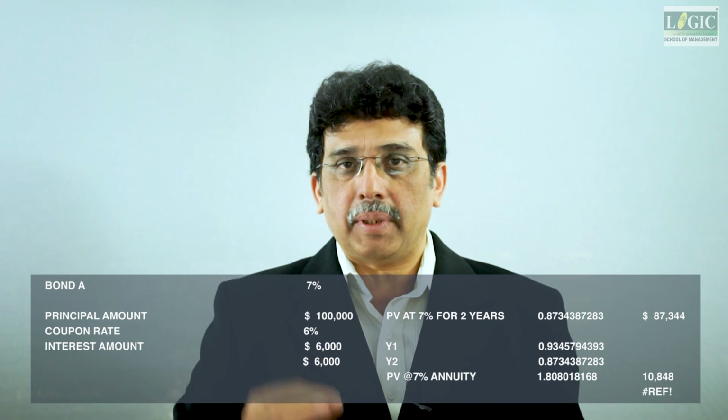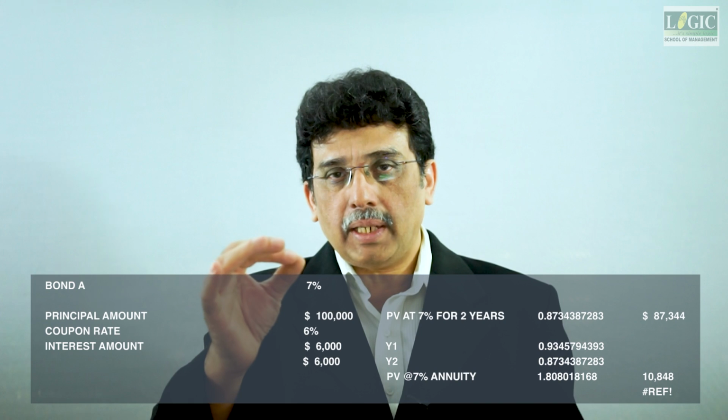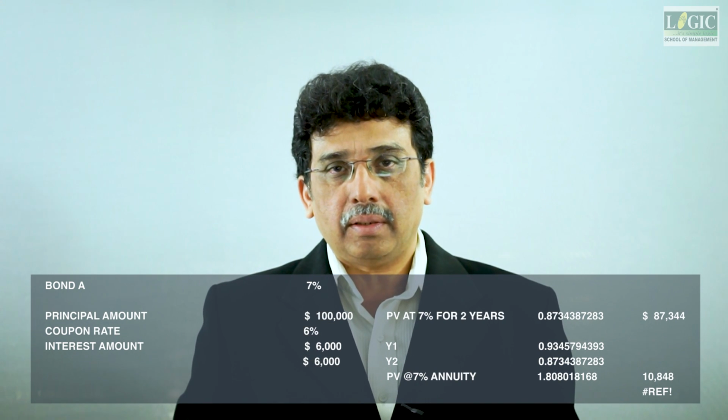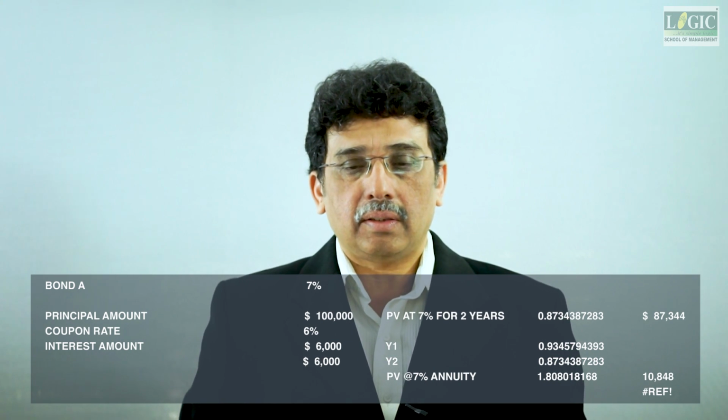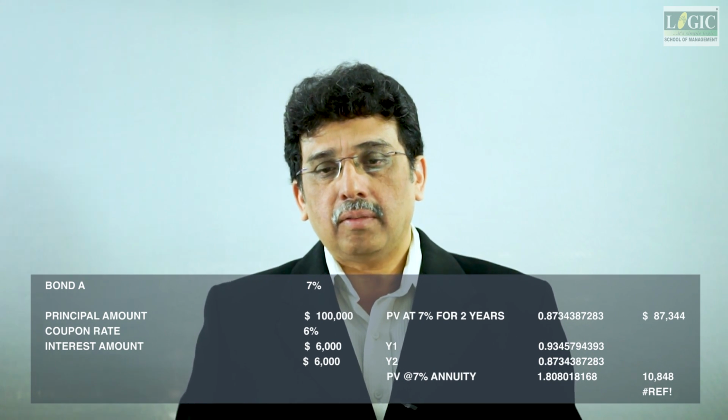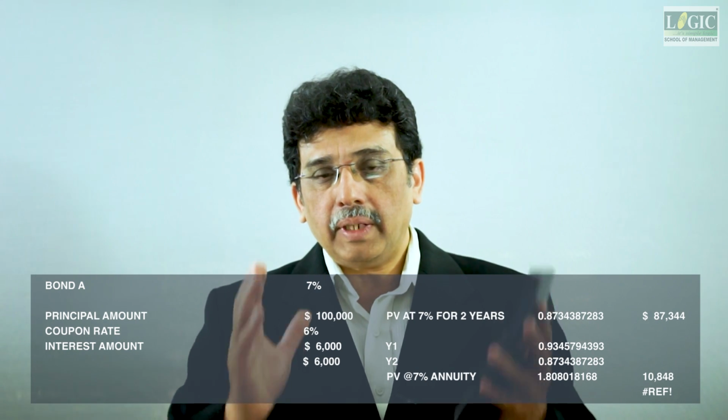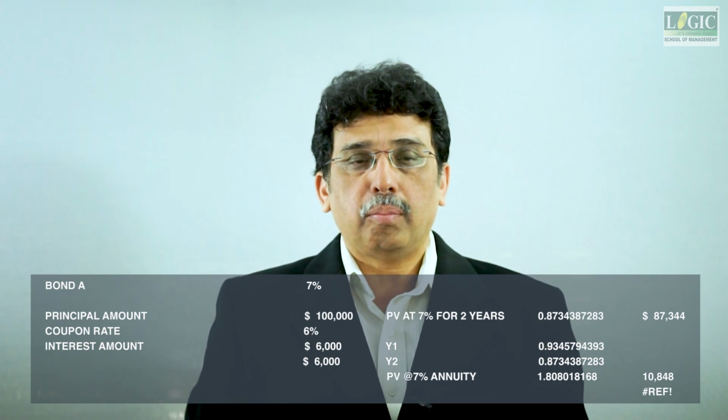It adds up the present values of year 1 discounting and year 2 discounting. So that gives you 1.808, and that you multiply by 6,000 to get 10,848. So we have done the valuation now of bond A.